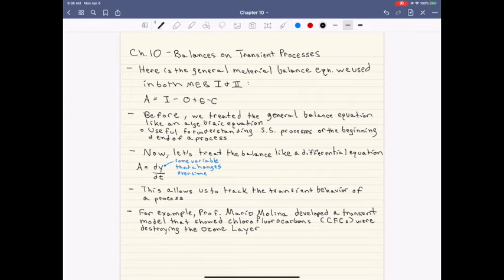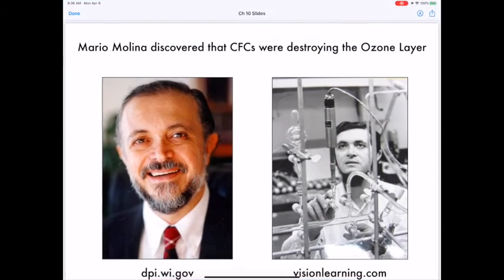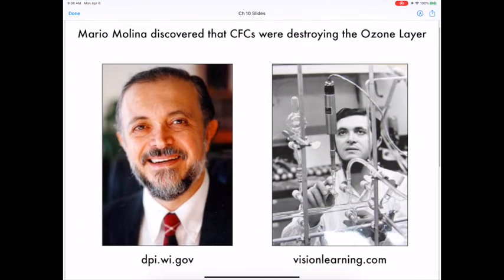To tell you this story, I'm going to jump to my other slides here. Alright? And so the picture on the left here is a photo of Mario Molina back in 2005. And the photo on the right here is also of Mario Molina, but this was taken in about 1972 when he was a postdoctoral scientist.